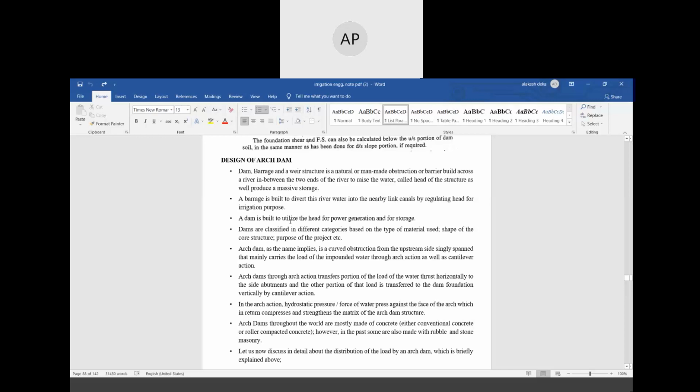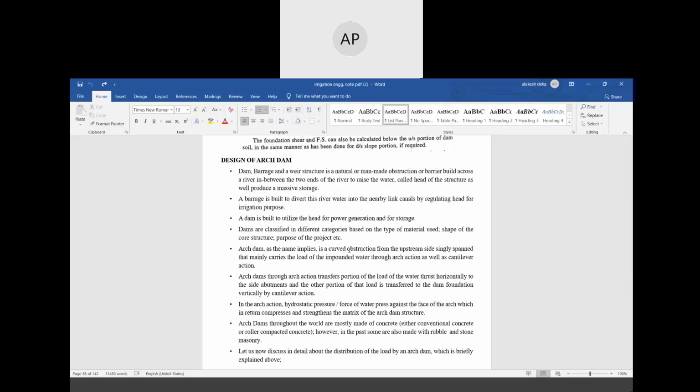A dam is built to utilize the head for power generation and for storage. And dams are classified into different types. Arch dam is one of the types of dam. As the name implies, it is a curved obstruction from the upstream side.